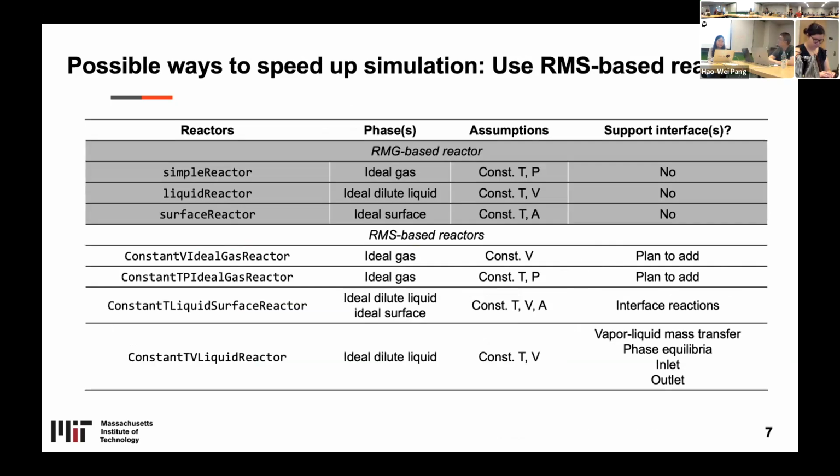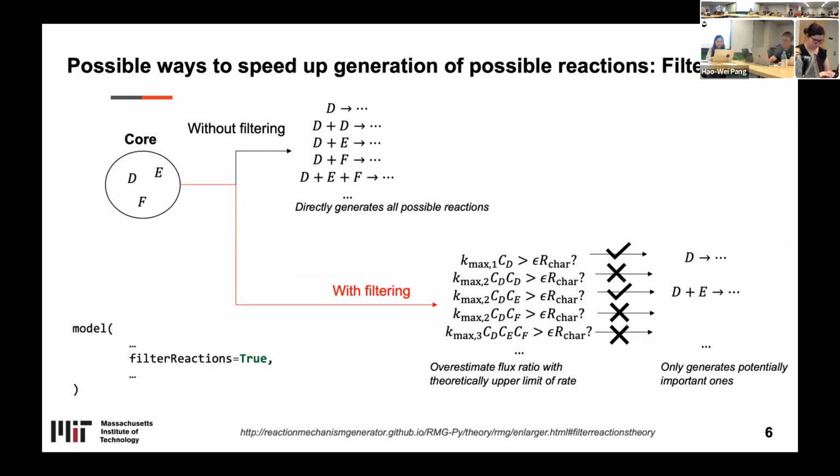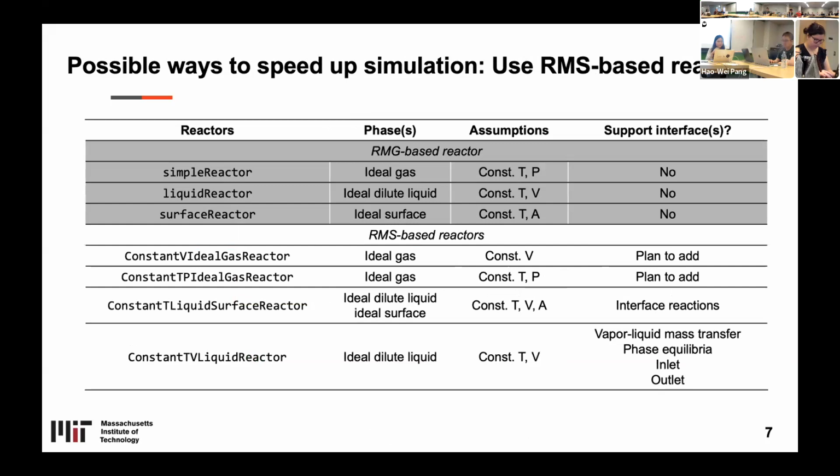In the previous part, we talked about how to speed up the generation of possible reactions. Later on, you want to speed up the time it takes to simulate reactors. One possible way to do that is to switch to an RMS-based reactor.